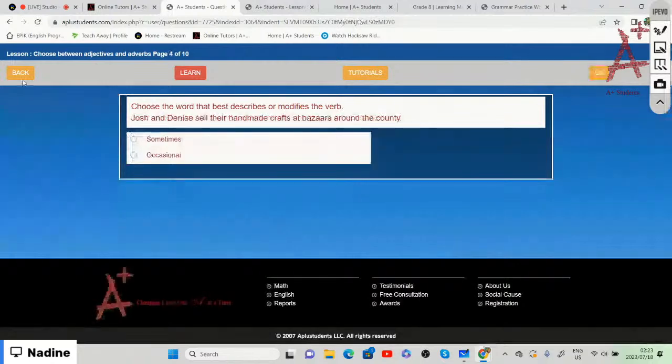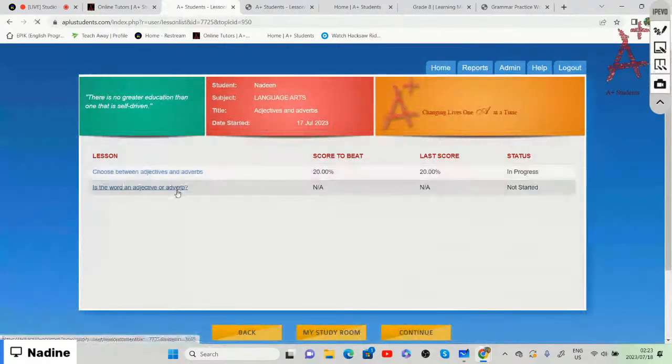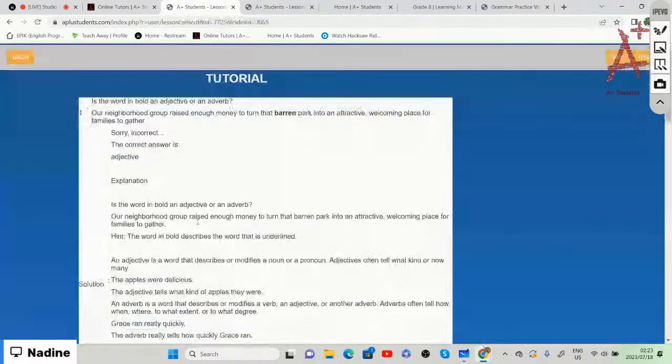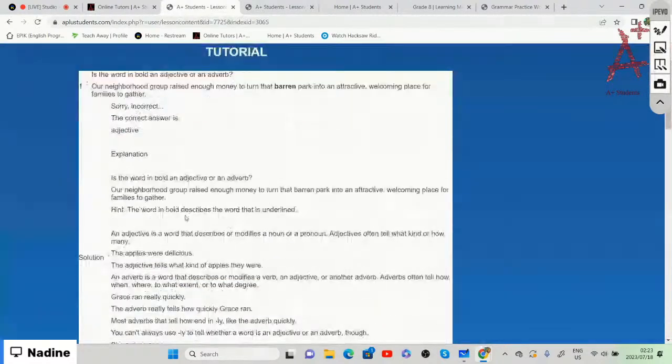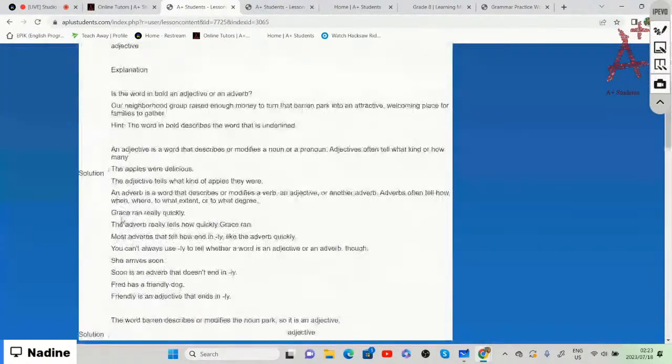So now we're going to the next one. The next one says, is the word an adjective or an adverb? We said an adjective is a word that describes or modifies a noun or a pronoun.